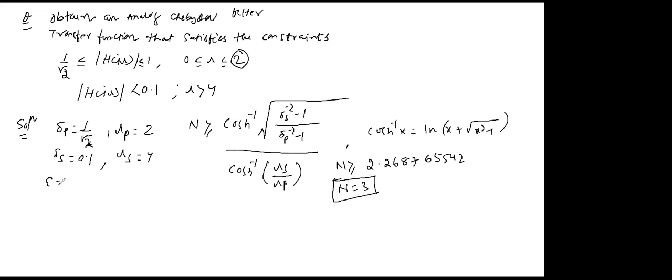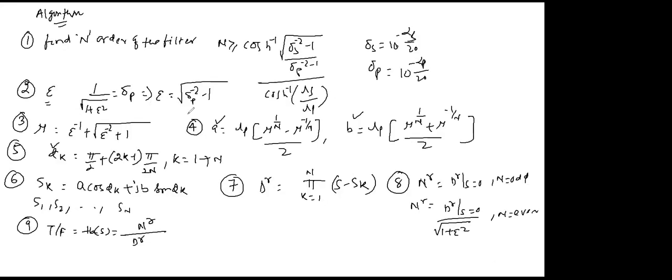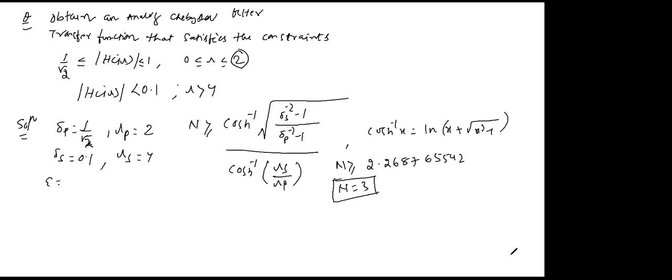What is the value of epsilon? See, use this formula: epsilon equals the square root of (1 over delta squared) minus 1. 1, sir.